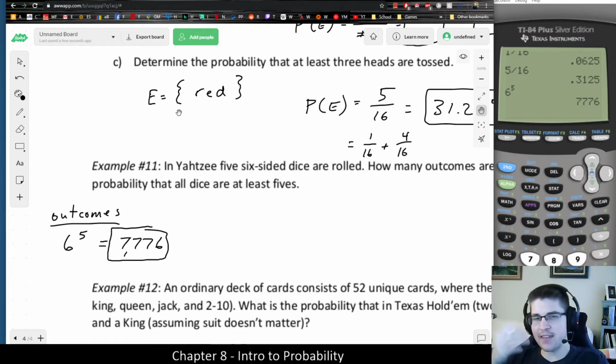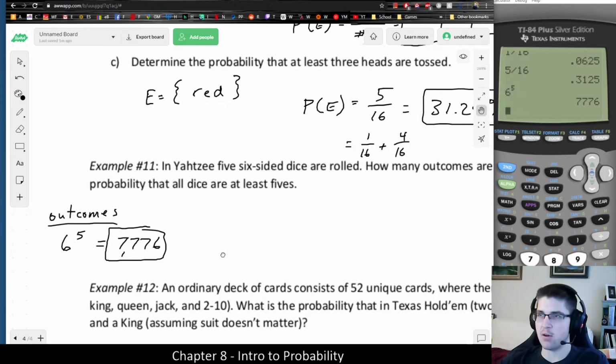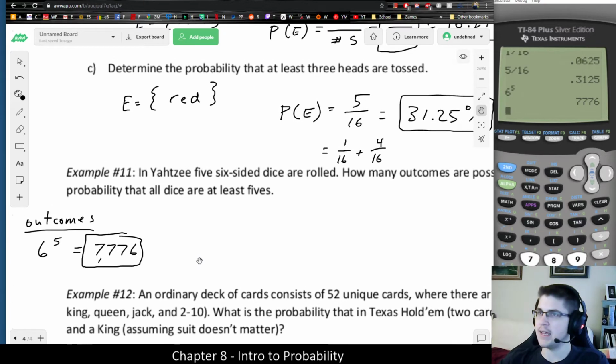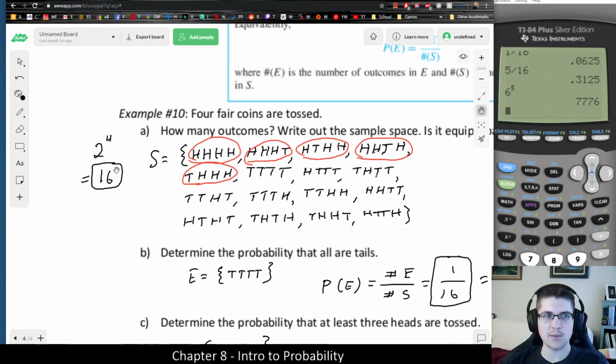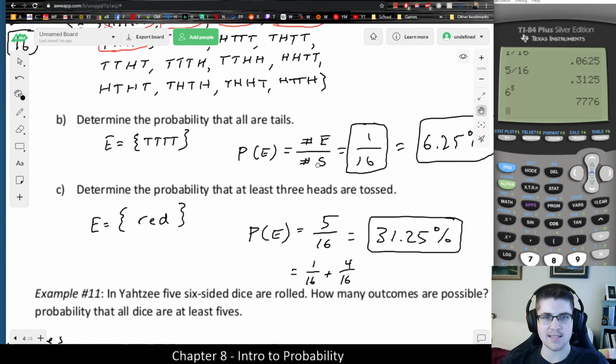Order doesn't really matter when I'm flipping coins or rolling dice, but it helps with probability to consider each as a unique outcome due to the complexity of what could happen. Obviously we're not going to write out the sample space because we'd have 7,776 objects. What's more important is to know the size of the sample space.